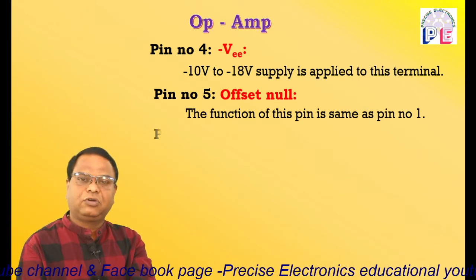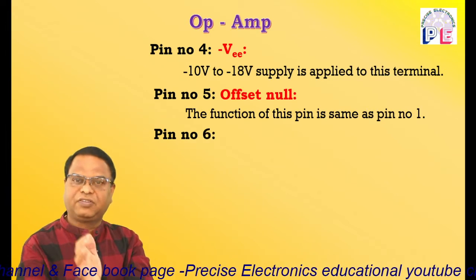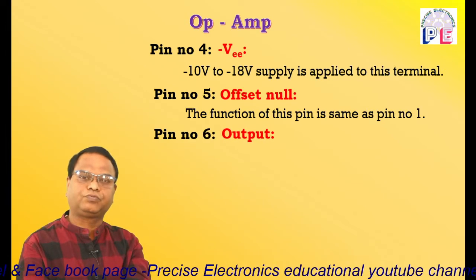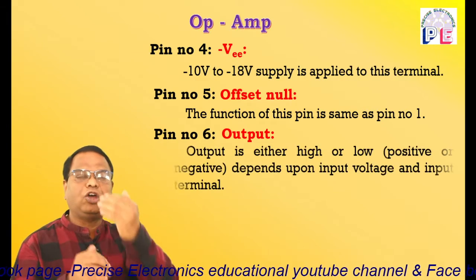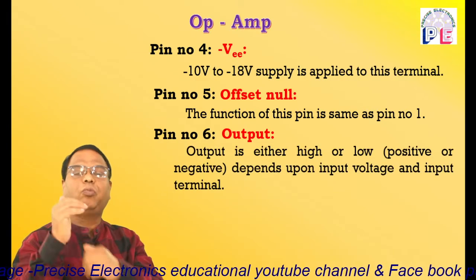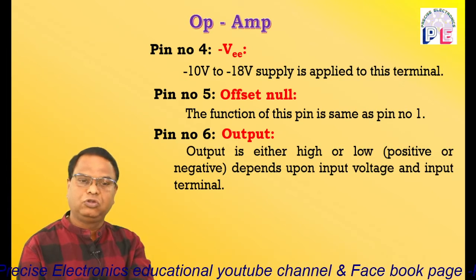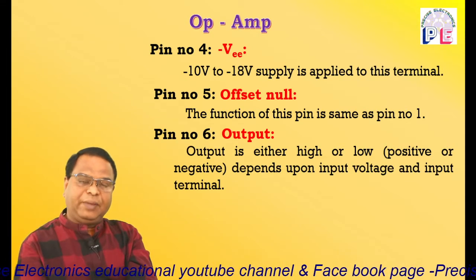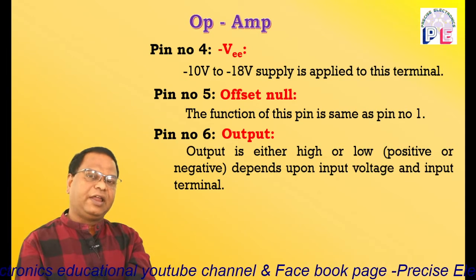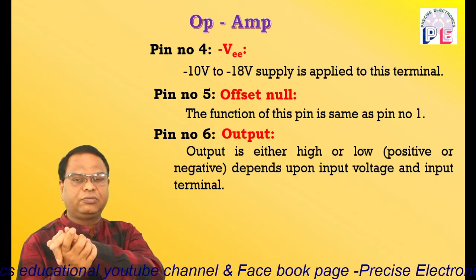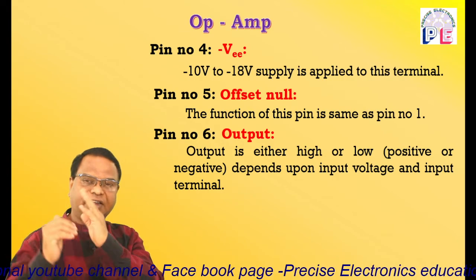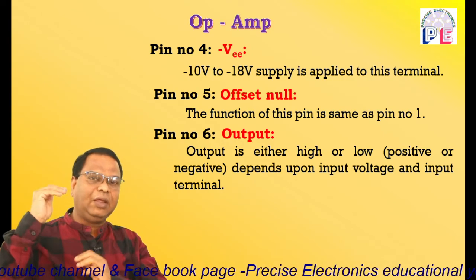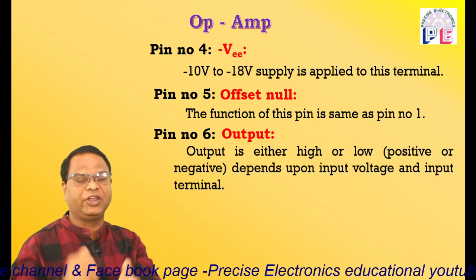The next terminal is pin number 6, that is output. Output is either high or low. Actually, it is positive or negative. That depends upon the input signal. If input is connected to pin number 2, the inverting terminal, and if input is positive, output will be negative.